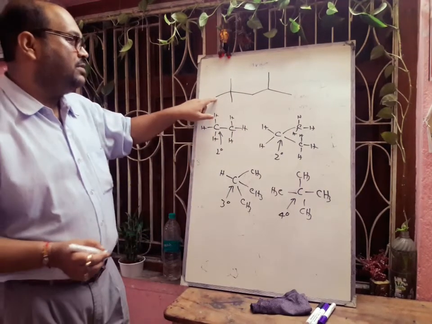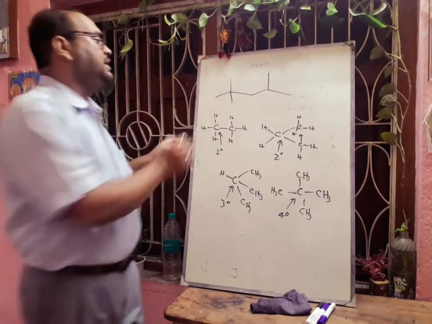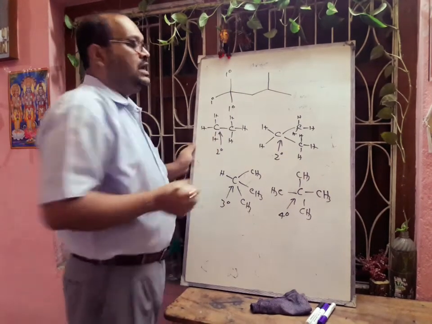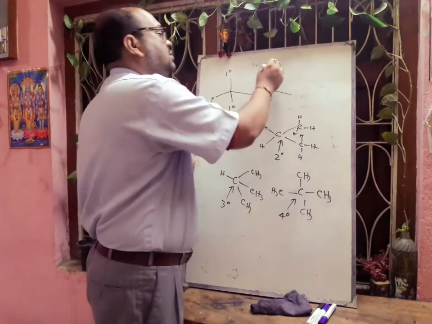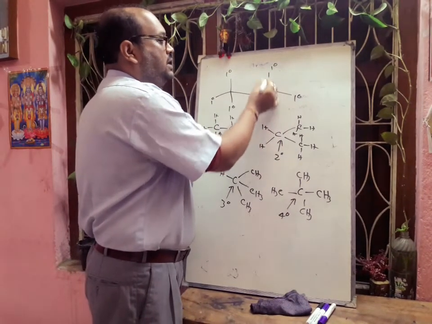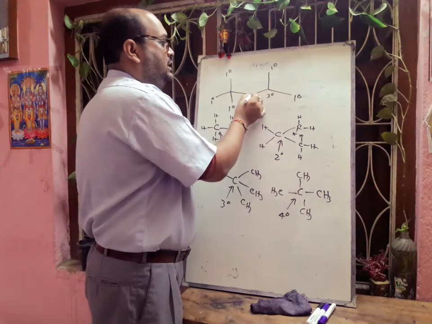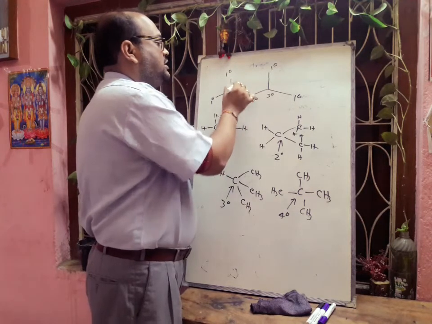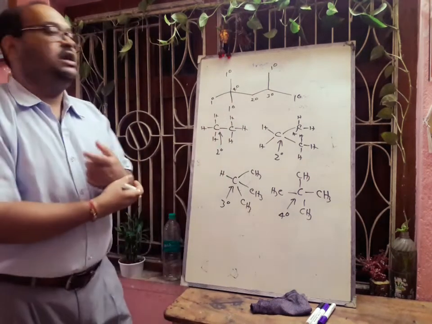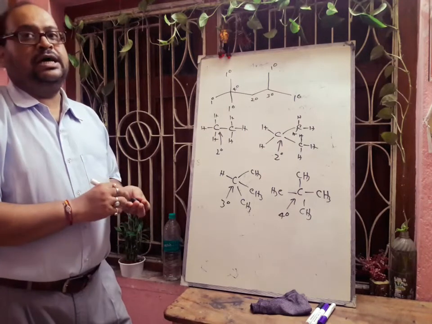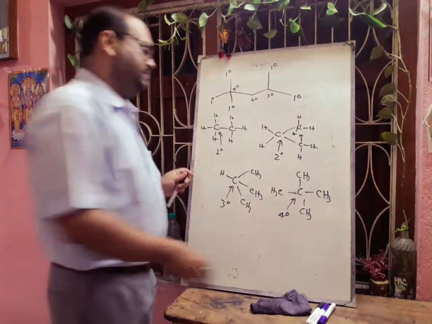This carbon atom is attached to only one carbon atom, so it will be 1 degree, primary. This one and this one are also 1 degree. Now this carbon atom is attached to 3 carbon atoms, so it is 3 degree. This carbon is attached to 2 other carbons, so this one is 2 degree and this one is 4 degree. So in this molecule all types of carbon atoms are present. Hope you can understand the classification of carbon.